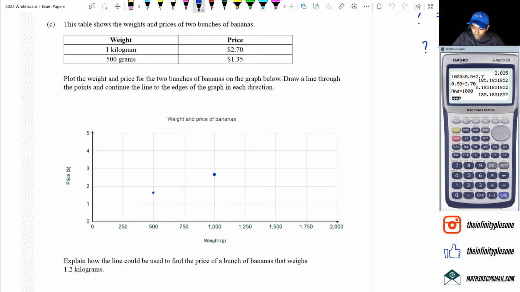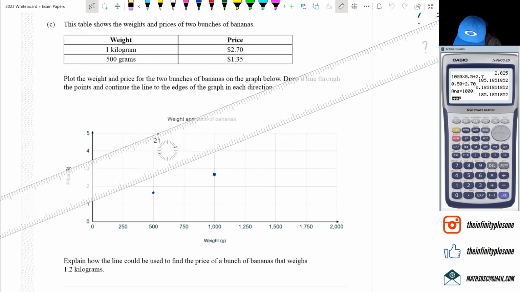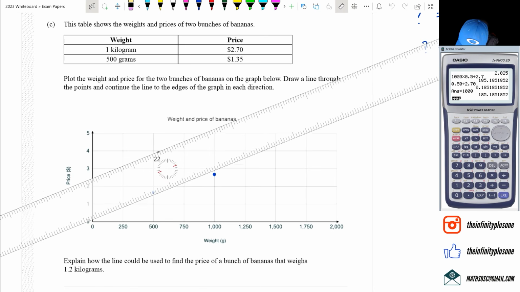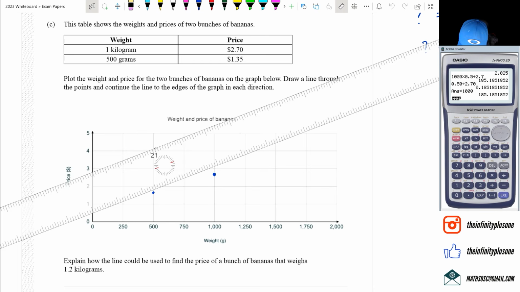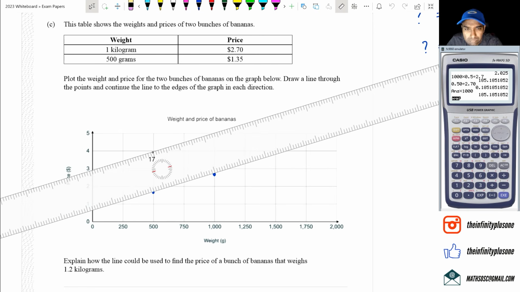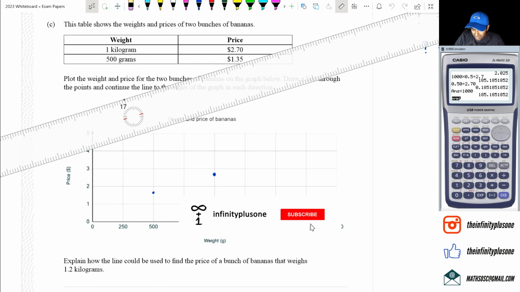So what we should get is a nice straight line. I guess this is where the ruler comes into play, but as you can see, my diagram is not perfect, is it? I'm going to pause. It's really cool because I just realized I made a mistake as I was doing it. That second dot is not actually at $1.35. That's probably more than $1.50.